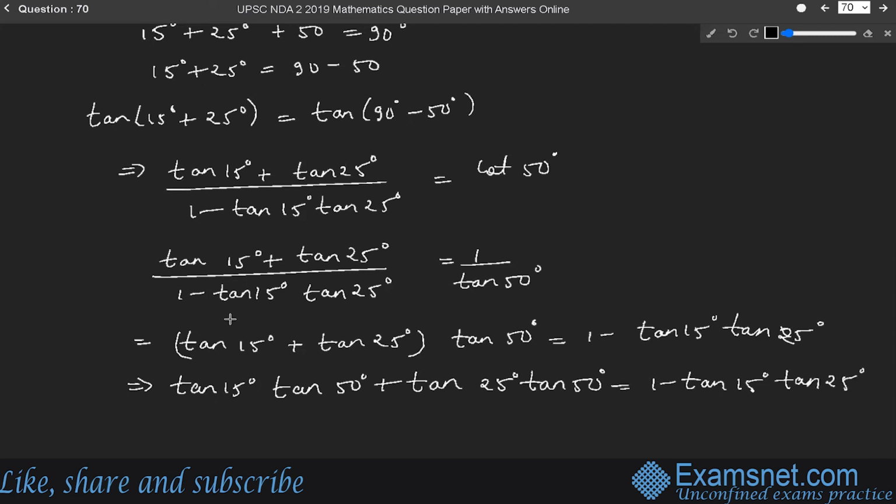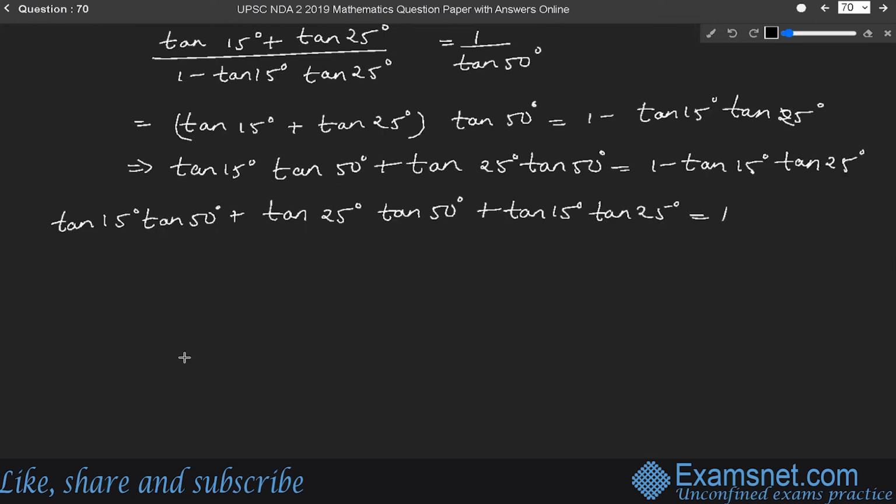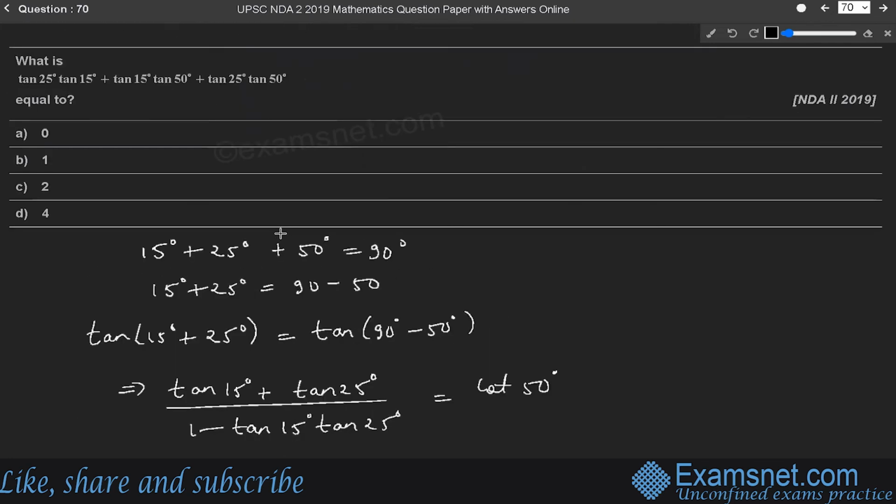Therefore, tan 15° × tan 50° + tan 25° × tan 50° + tan 15° × tan 25° is equal to 1. Therefore, we can say that the correct answer for this question will be option number B here, which is 1.